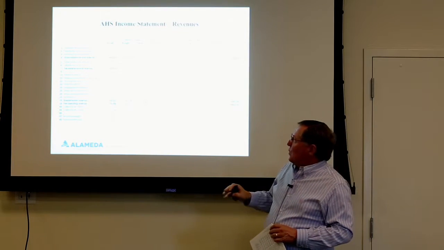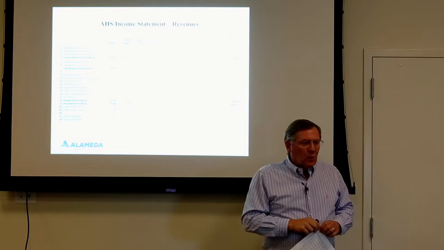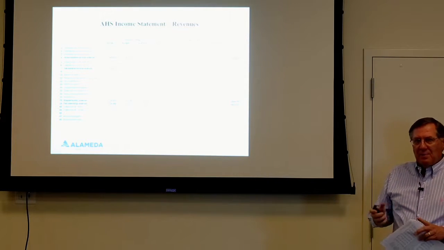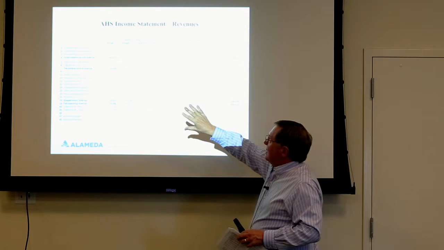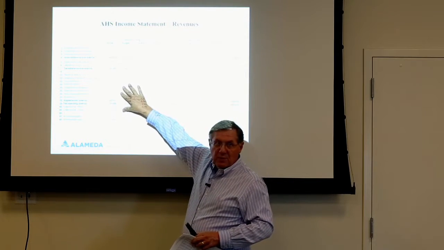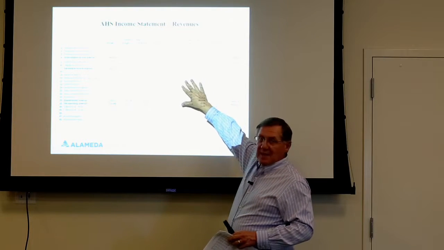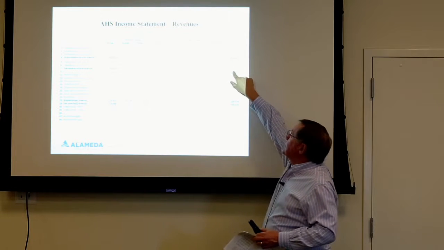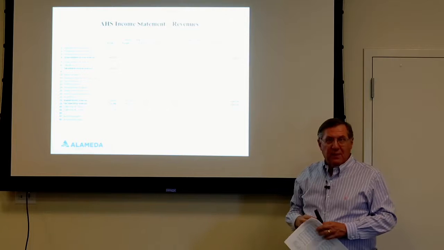So the left side is really talking about where that revenue comes from. Across the top, we've broken it into 3 sections: the month to date, which is the current month; the year to date, which is however many months that is, 10 in this case; and then last year, year to date. Why do we do it that way?